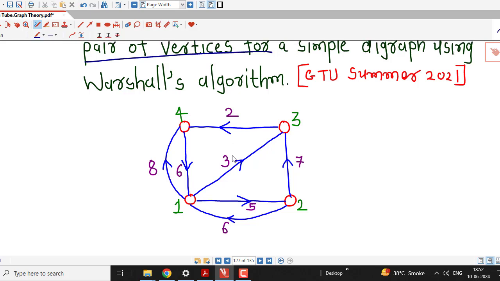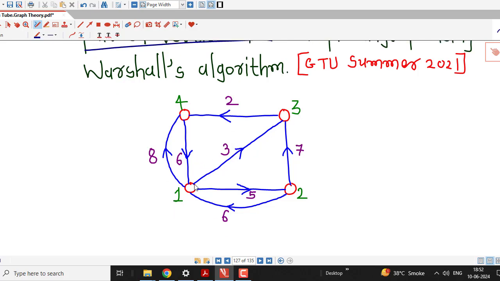For example, if I want to find the path from vertex 1 to vertex 4, then you can see this is one path. I will go from 1 to 4 directly, and if I consider the weight assigned to this edge, it is 8.